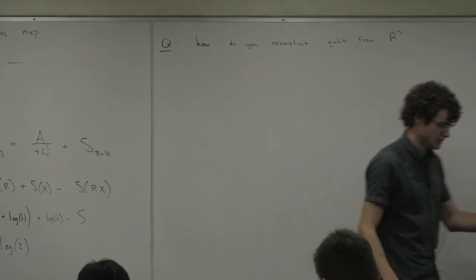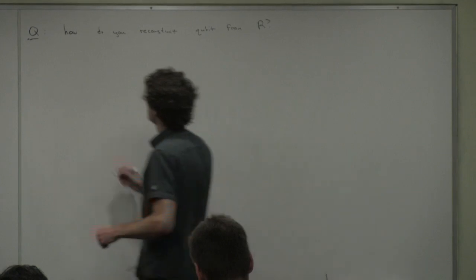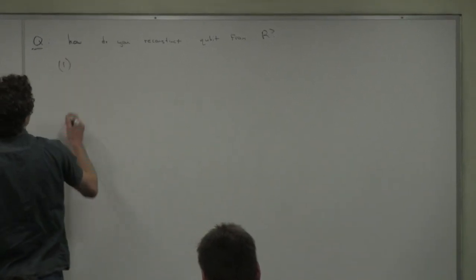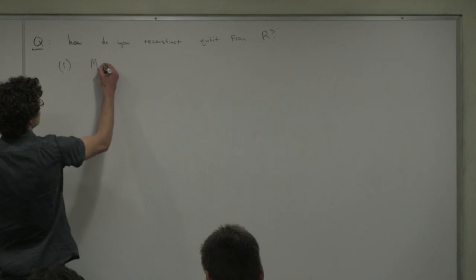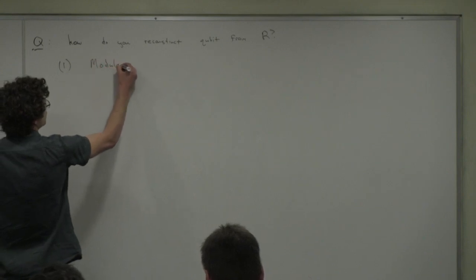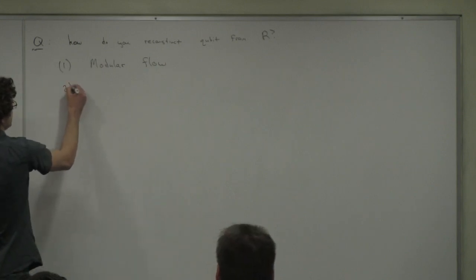So there have been a few ideas that have been discussed in the literature for doing this. One idea, discussed in the JLMS paper, Jafferis, Lewkowycz, Maldacena, and Suh, and also by Lewkowycz and Faulkner, is to use modular flow. I'm not going to comment on that in this talk, but it's an interesting idea.